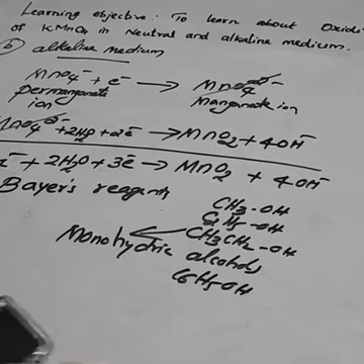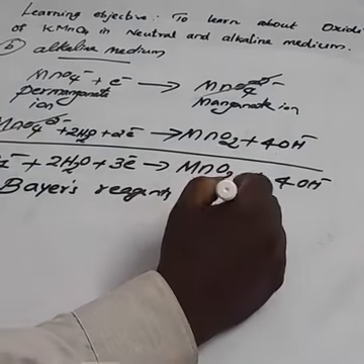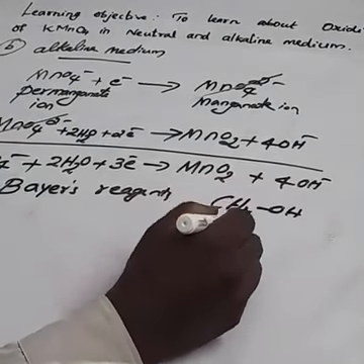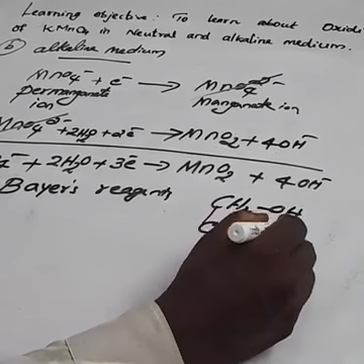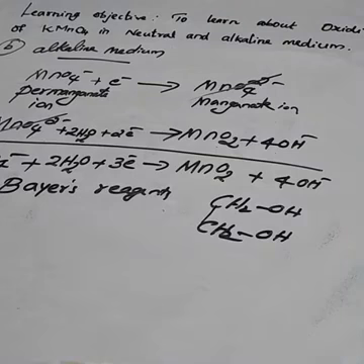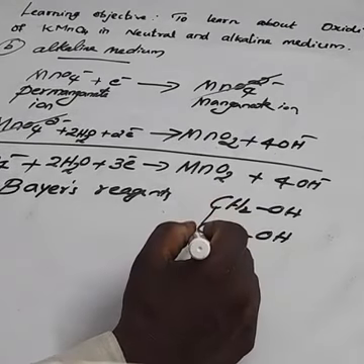Diols mean a compound having two OH groups. For example, CH2OH, CH2OH. Diols, we have two OH groups. The name of this compound is ethylene glycol.